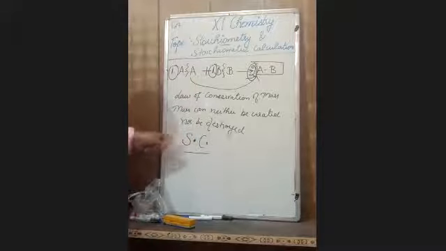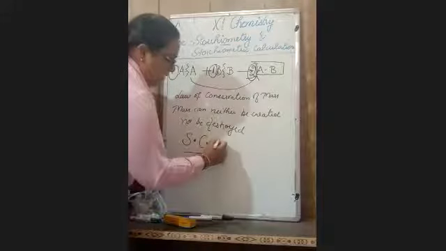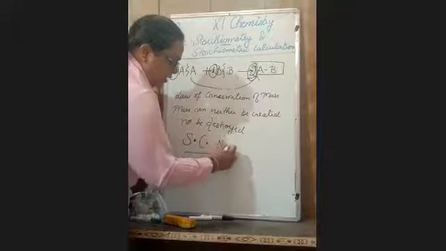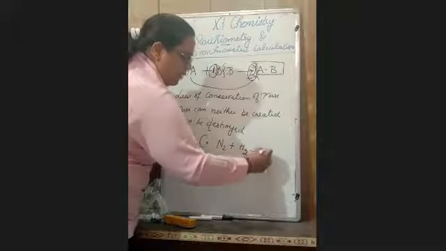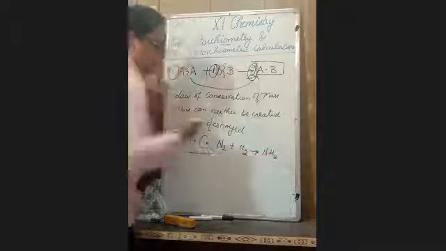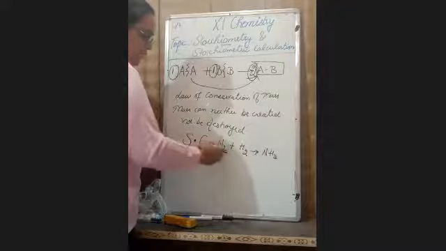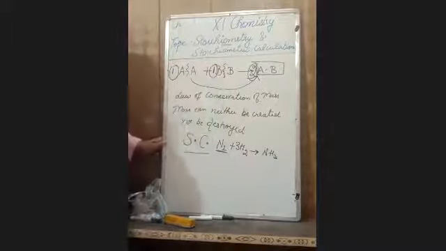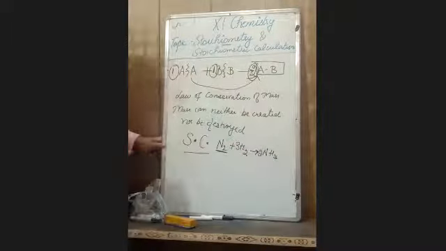SC means stoichiometric coefficients. For example, I am taking nitrogen. It reacts with hydrogen to form ammonia. Now balance this equation. Here 1 mole of nitrogen reacts with 3 moles of hydrogen and forms 2 moles of ammonia.